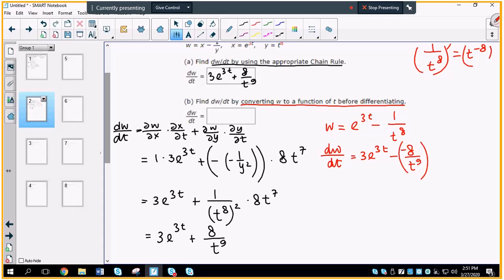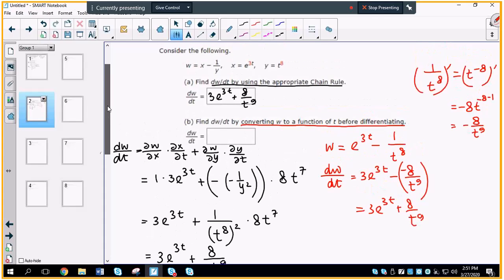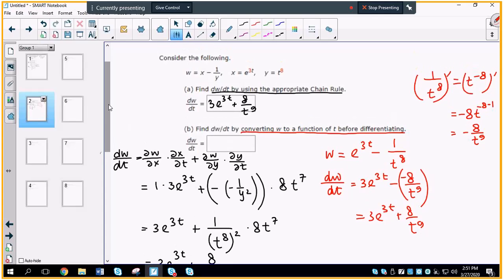So using the power rule, you will get minus 8 t to the power minus 8 minus 1, which is minus 8 over t to the power positive 9. That's what I said. So you get dw dt equal to 3 e to the power 3t plus 8 over t to the power 9. And that is the same answer that I got using the chain rule. I'm going to just write it one more time and finish up this problem.